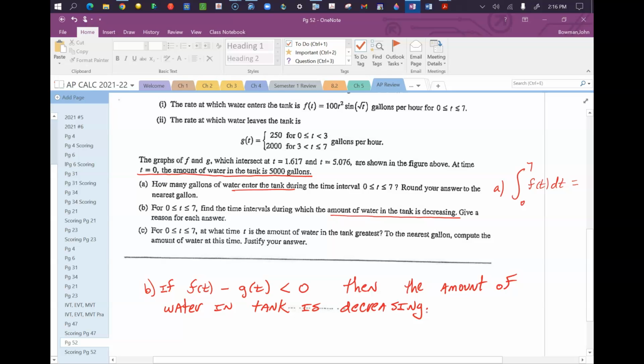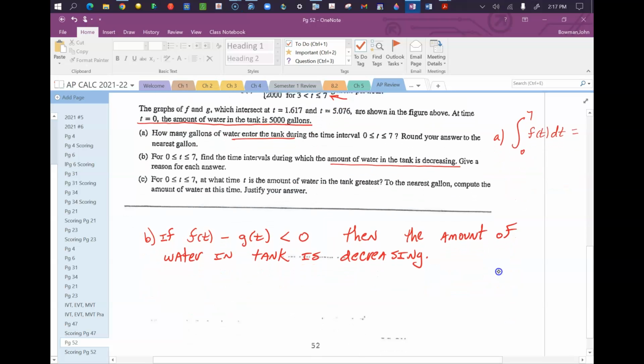Alright, so we can do this a few ways. An easy way to do that would be to graph f of t minus g of t, but you've got to be careful because at t equals 3, g of t changes from 250 gallons per hour flowing out to 2,000 gallons per hour flowing out.